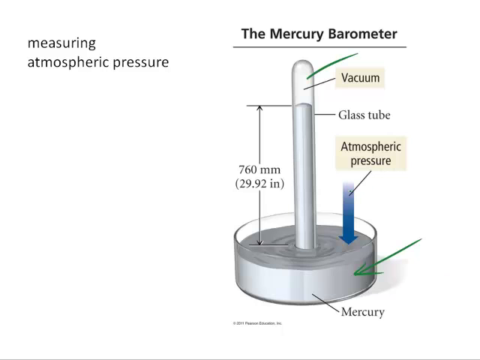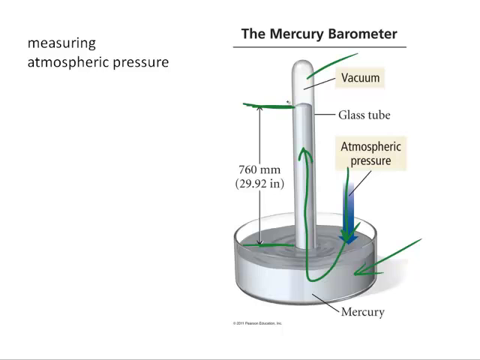What happens is that all of the gases in the atmosphere exert a pressure on this mercury reservoir and push mercury up the evacuated glass tube. And they would measure the height to which mercury rose in that glass tube, or in that barometer.